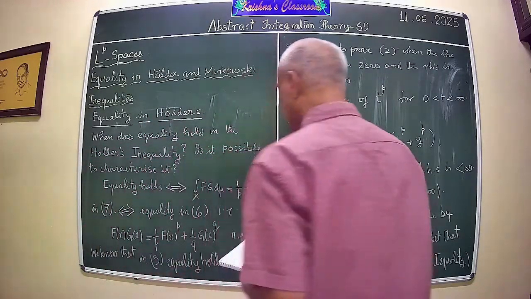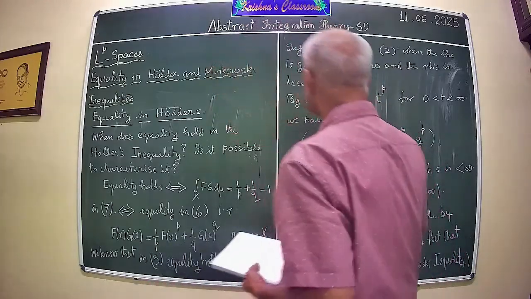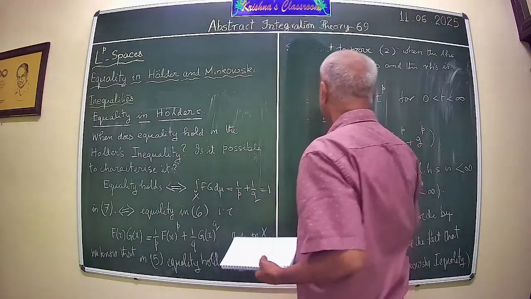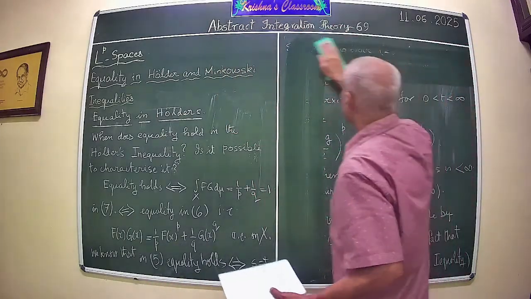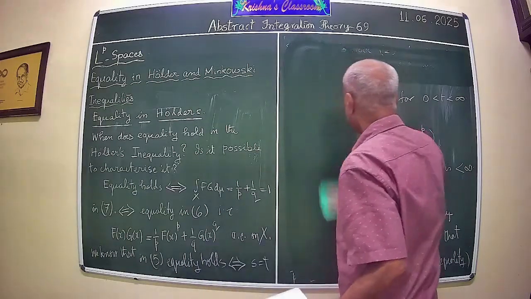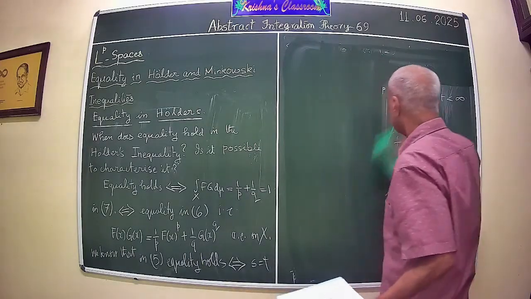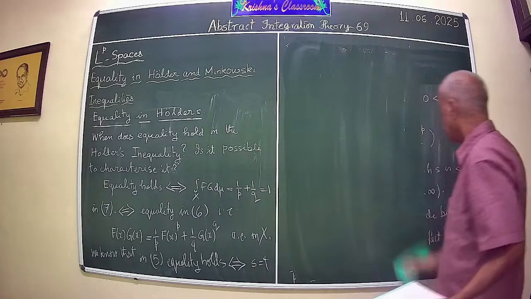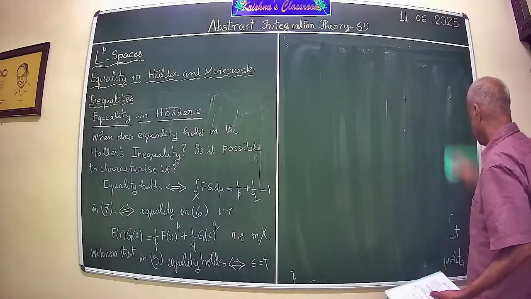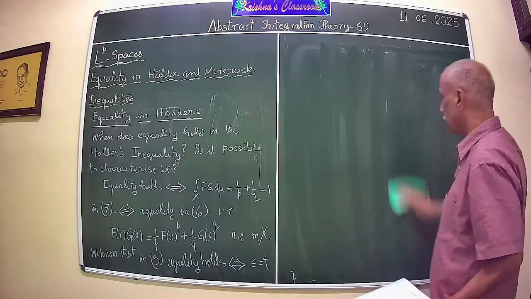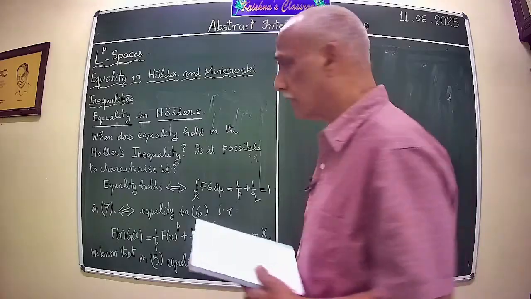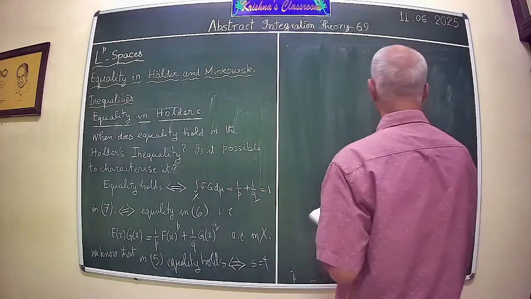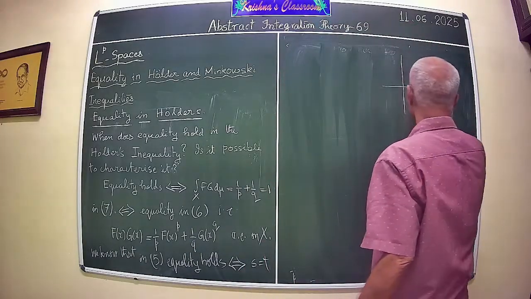What does that mean? It means you are taking the convex function e to the power s and e to the power t. The exponential function is a convex function.